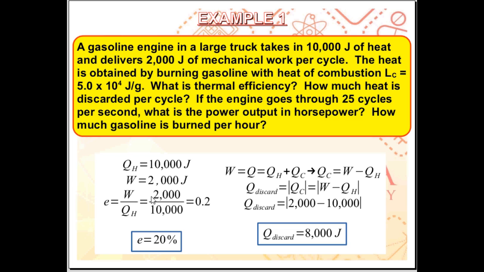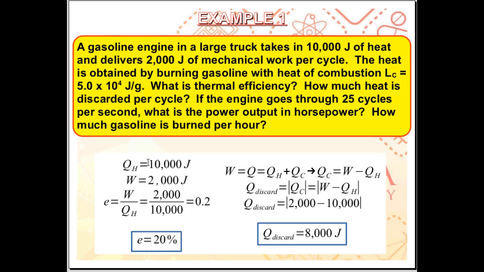So, QH: 10,000 joules of heat is taken in. So QH is 10,000 joules and 2,000 joules of mechanical work is done. So W is equal to 2,000 joules. For a heat engine, efficiency is W divided by QH.